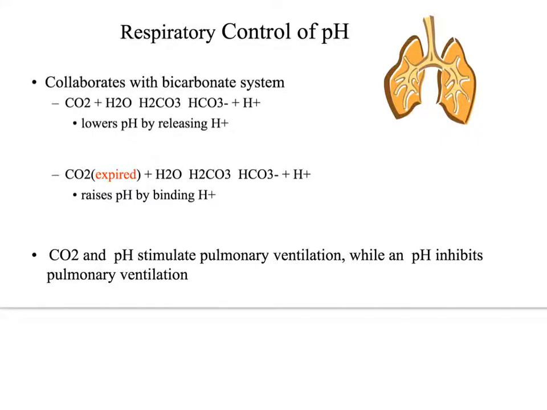Now, respiratory system. It works with the bicarbonate system. There's a relationship between carbon dioxide and pH. Carbon dioxide plus water, if we go this way, we can add hydrogen ions and lower the pH.